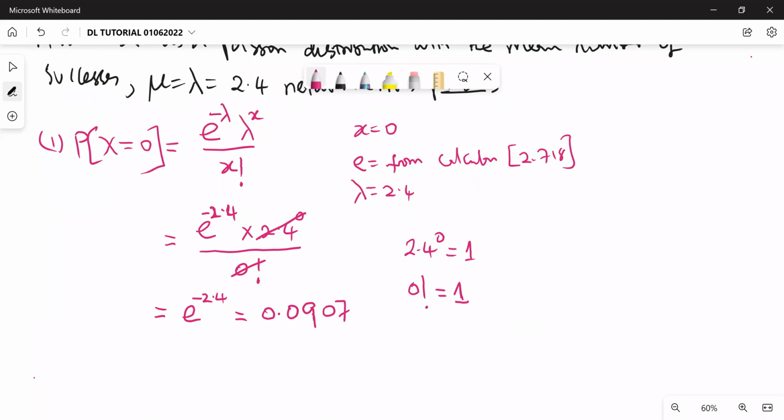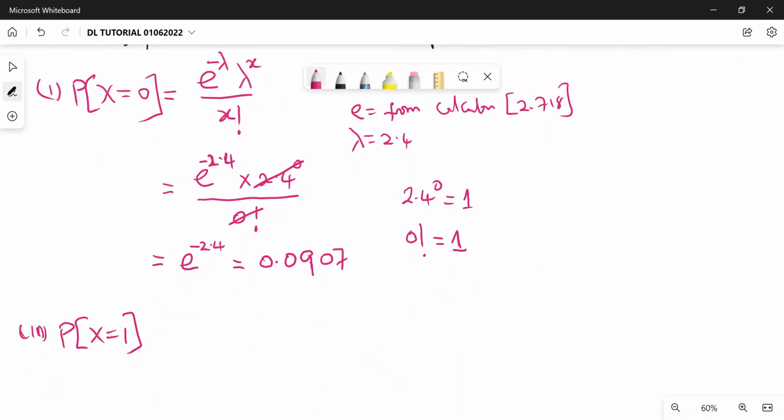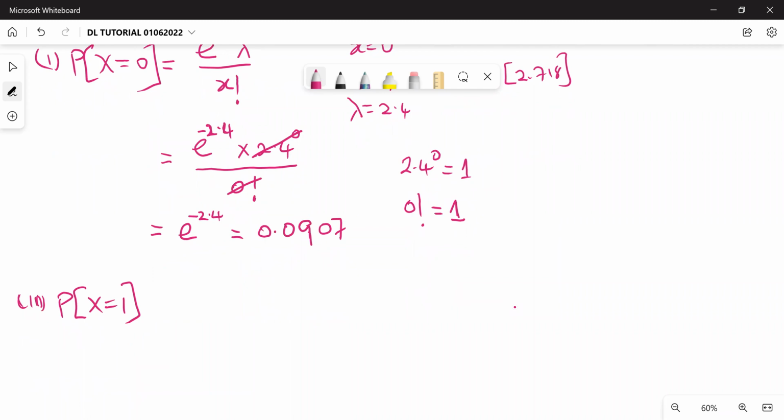In Roman 2, the question is the probability of getting exactly one network error. In other words, the probability that X is equal to 1. So this will be equal to e raised to power minus 2.4 times 2.4 power x, which is 1, divided by 1 factorial. And 1 factorial is 1, you can check that from your calculator.